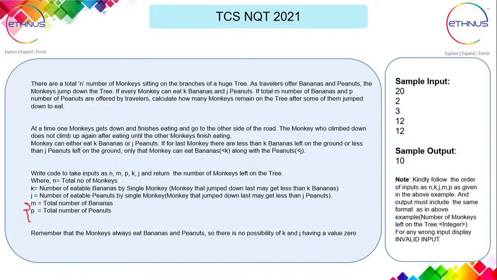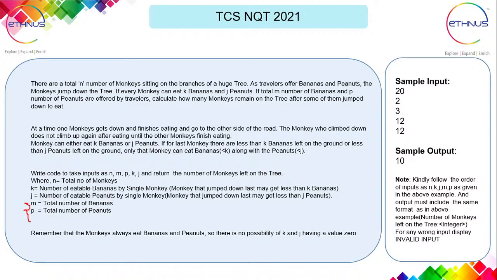Okay, this is it. n monkeys will be there, and a tourist will throw m bananas and p peanuts, and every monkey will come and eat a maximum of either k bananas or j peanuts. After having the bananas or peanuts, they'll go. Since there are a limited number, m and p, of bananas and peanuts, not every monkey can come, eat and cross the road.